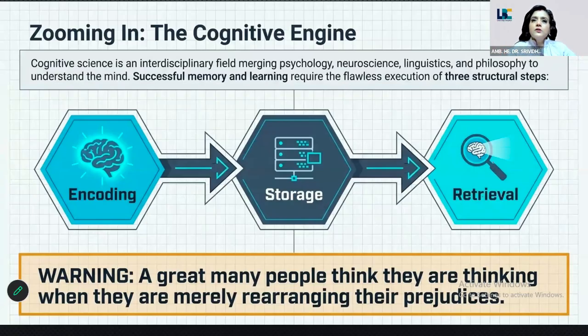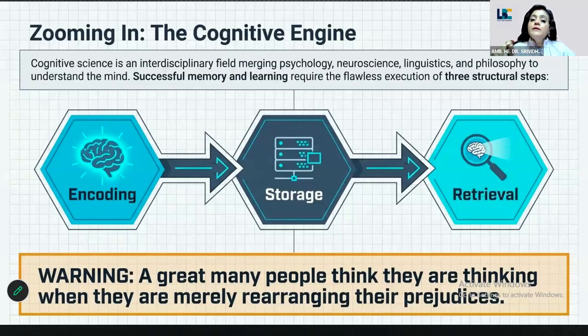This process, cognitive science, is an interdisciplinary field merging psychology, neuroscience, and linguistic philosophy to understand the brain. Neuroscience is taking the information, psychology is analyzing the information, and linguistics is the output.